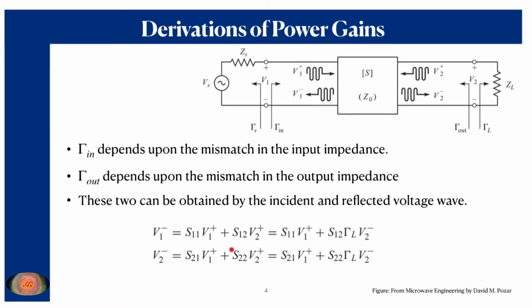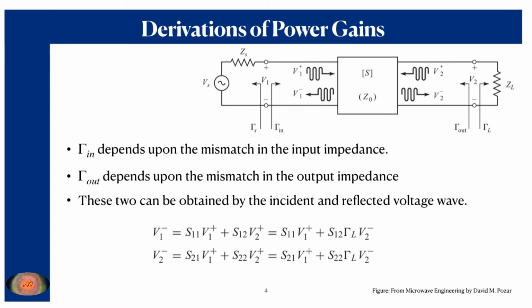And you are familiar with this equation, where V1 minus represents the reflected wave which is associated with the incident wave V1 plus as well as the incident wave V2 plus. V1 plus is the incident wave at port 1 and V2 plus is the incident wave at port 2. So S11 is associated with the reflection coefficient when V2 plus is 0.